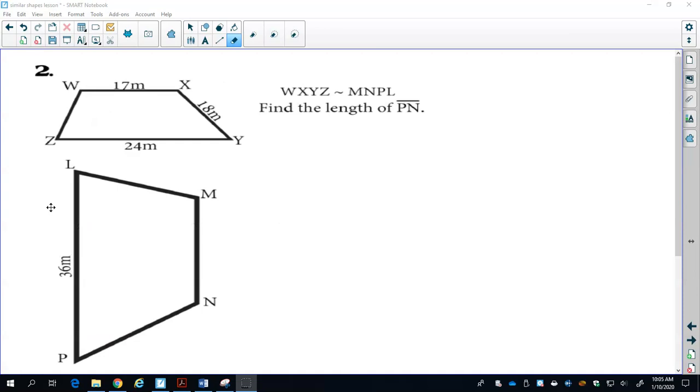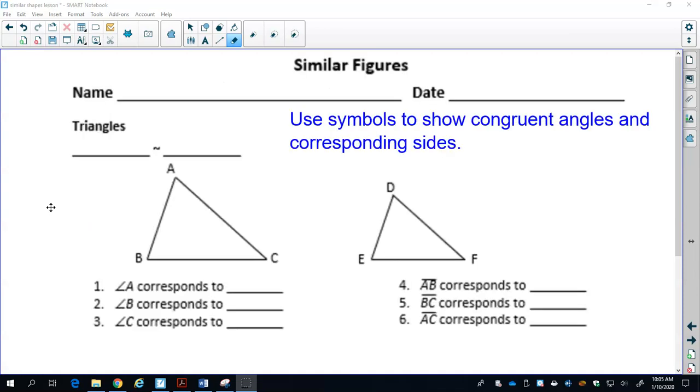For now, what I want you guys to do is grab the papers that are on your desk. There are papers like this. And I want you to do two of these examples today. I want you to use the symbols that we learned to show congruent angles and corresponding sides. You don't have to necessarily use the highlighter.